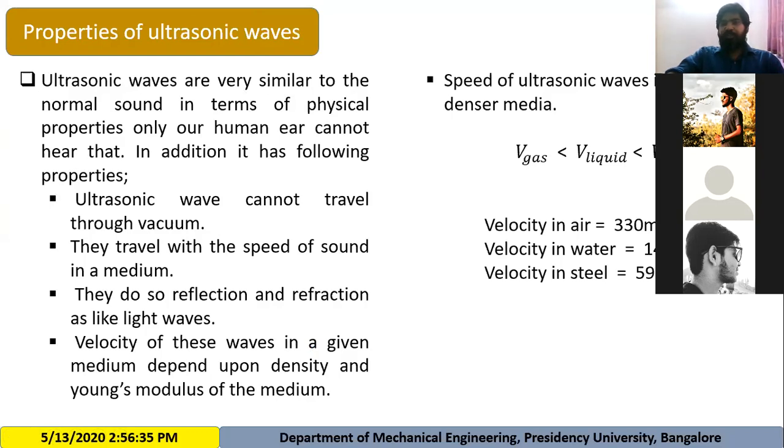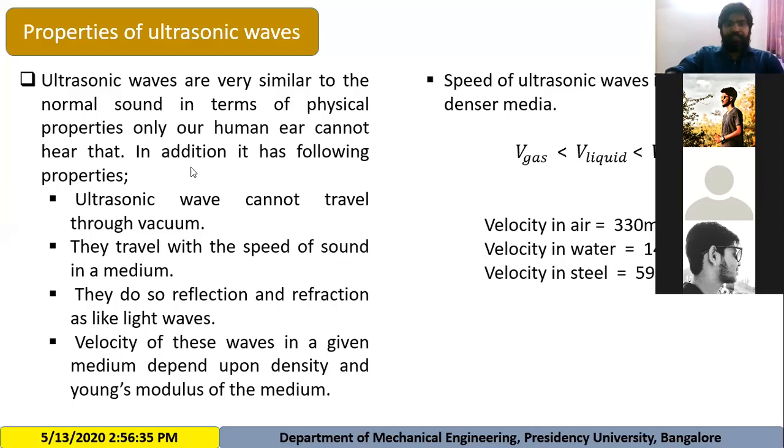The only thing is our human ear cannot hear that sound because it is above 20 kilohertz. In your class 12 physics, you might have studied that our audible limit is from 20 hertz to 20 kilohertz only, and since ultrasonic waves have frequency higher than 20 kilohertz, our normal human ear cannot hear them.